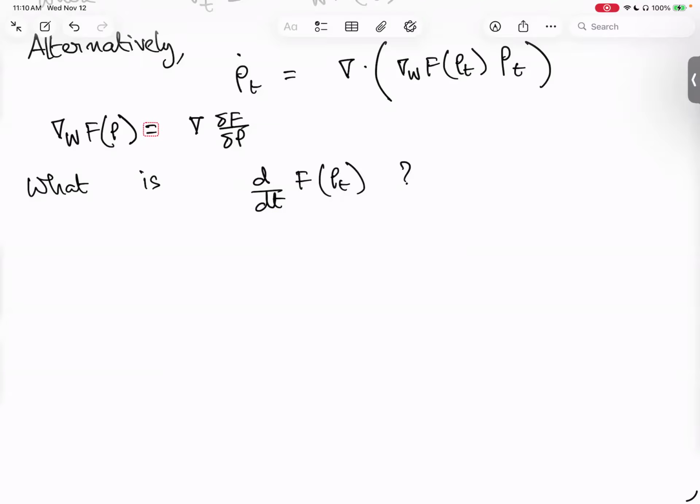For a gradient flow of the Hilbert space, we did this calculation before. We know that d/dt of f of rho_t would be given by minus the Wasserstein norm squared of the gradient of f at rho_t.